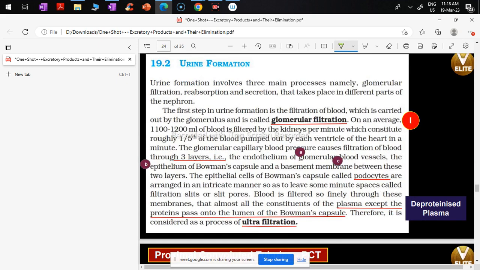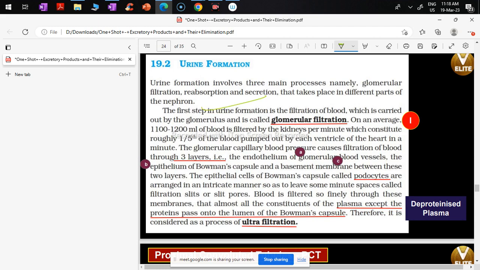So the first step in urine formation is the filtration of blood, which is carried out by the glomerulus, and it is called glomerular filtration. The afferent arteriole is bringing the blood to the glomerulus, and the efferent is taking it outside.